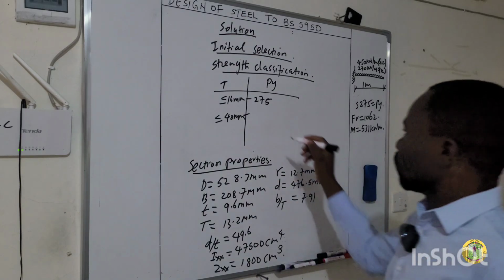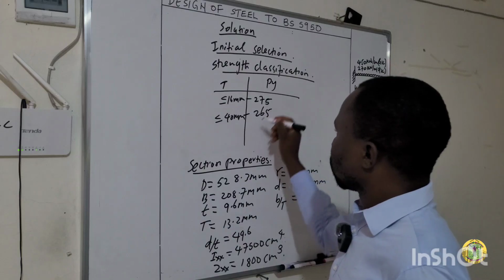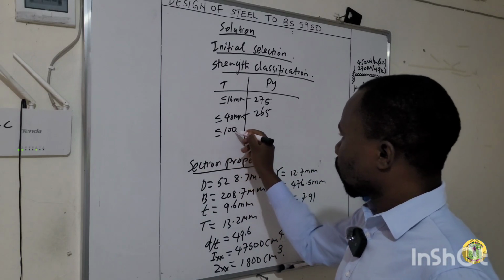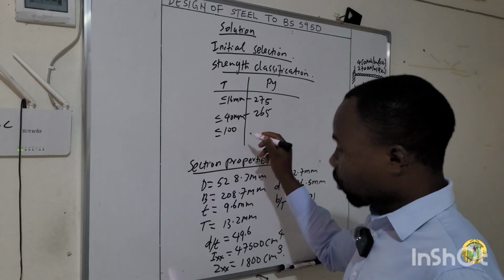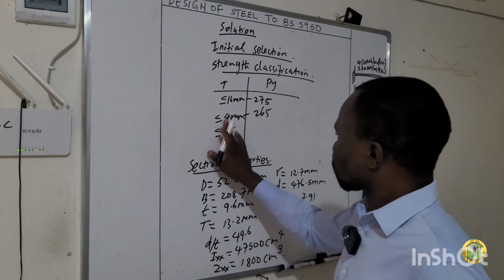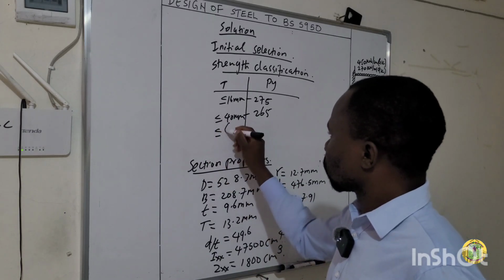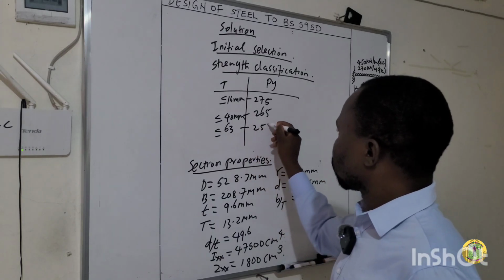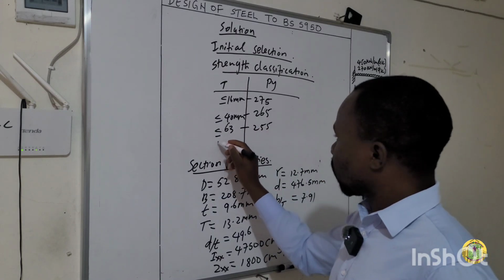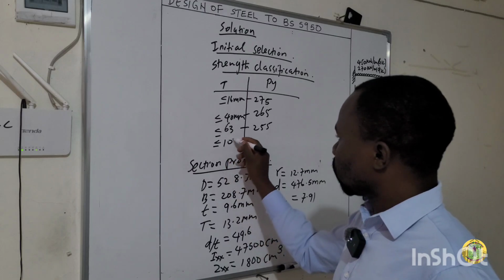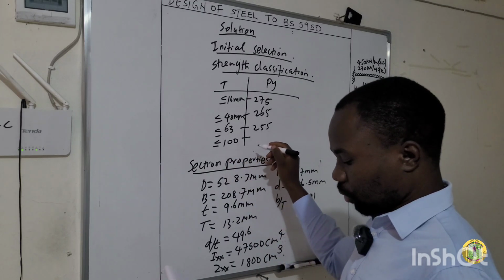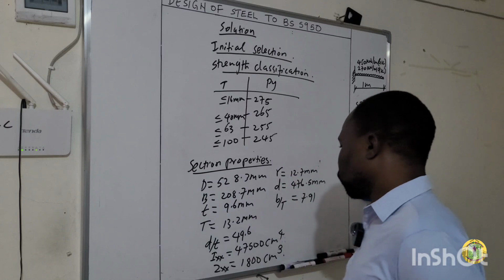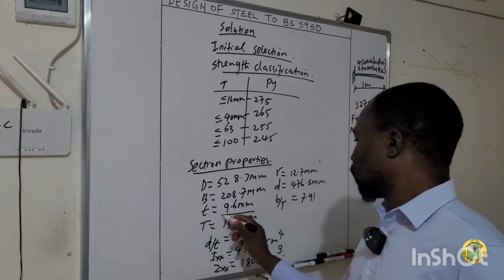This is 265. We have less than 63. So this is 255. And the last one, less than 100. So this is 245.